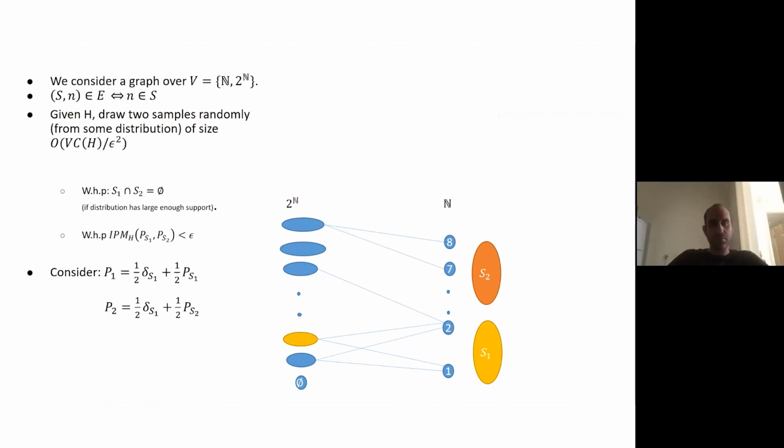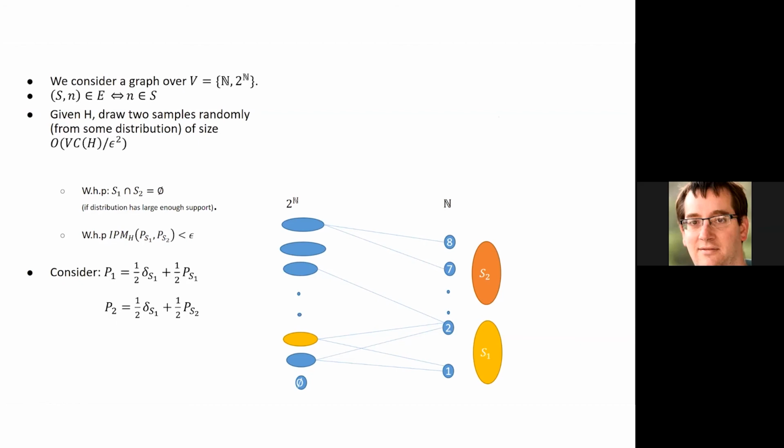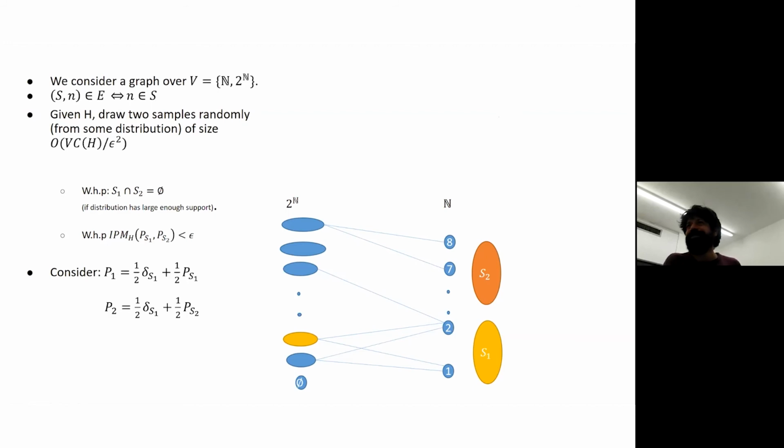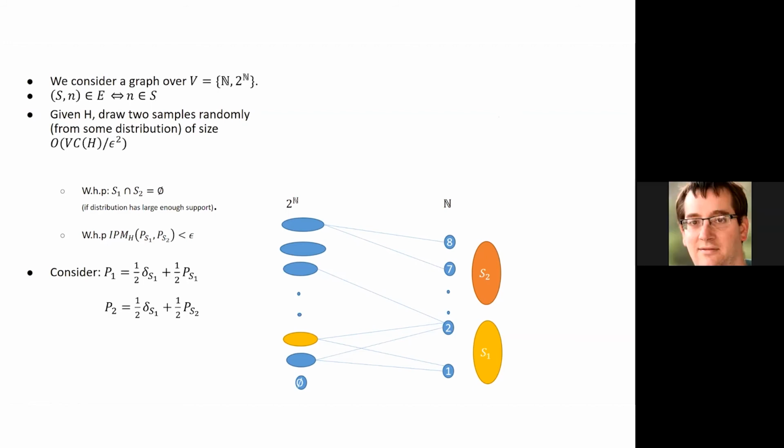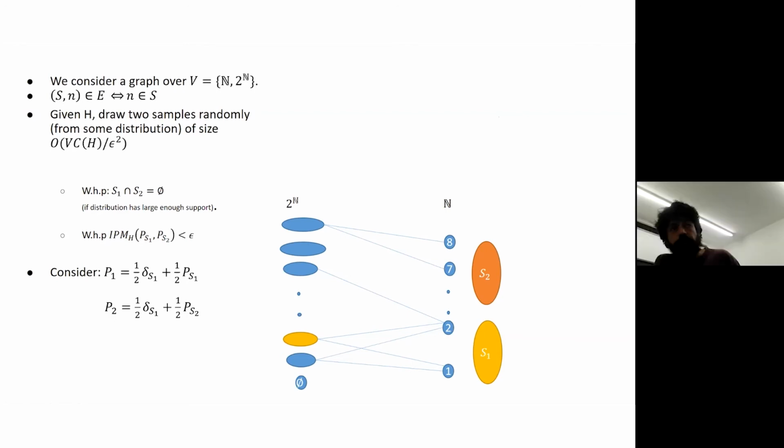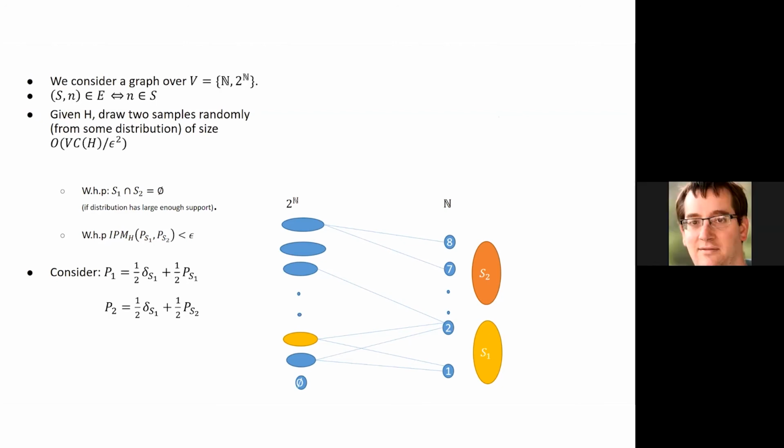Thanks. So what if your test contains only the right side, is a member of H? Won't this also distinguish P1 and P2 with probability 1/2? Can you repeat it slowly? Yeah. So suppose H contains the set of all the vertices on the right hand side. So there is a hypothesis in H that is one on all the vertices on the right hand side, or is it just that distribution? Right. Okay. Yeah.